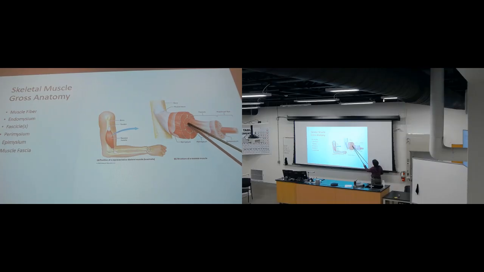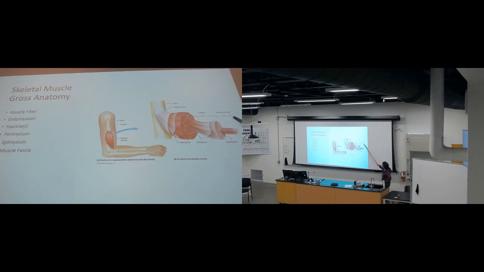Now, if you telescope out one of these fascicles, they are surrounded by this membrane, the perimysium. And this fascicle is made by 10 to 100 muscle fibers. And if you telescope one of these muscle fibers, they are long, cylindrical with striations, and they are surrounded by a thin membrane that is called the endomysium.